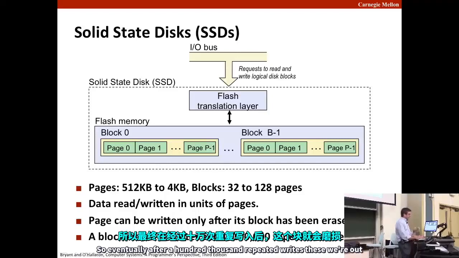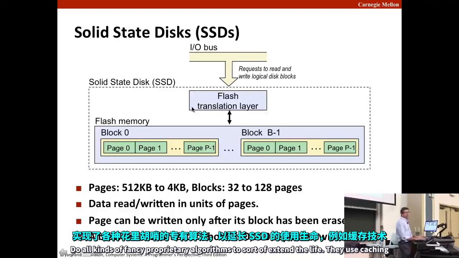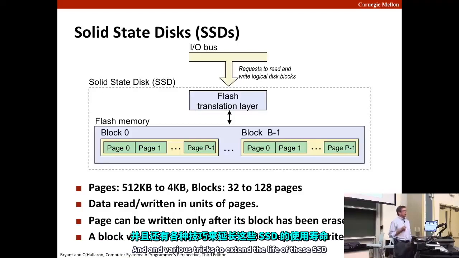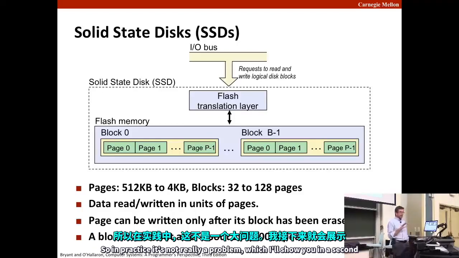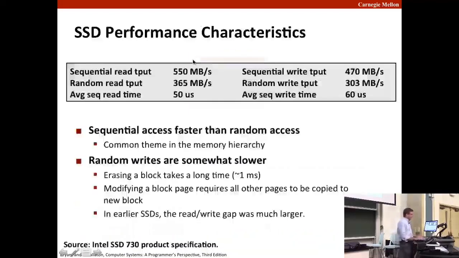So eventually, after 100,000 repeated writes, these wear out. Now, the flash translation layers in modern systems use all kinds of fancy proprietary algorithms to extend the life. They use caching and various tricks to extend the life of these SSDs. So in practice, it's not really a problem, which I'll show you in a second.